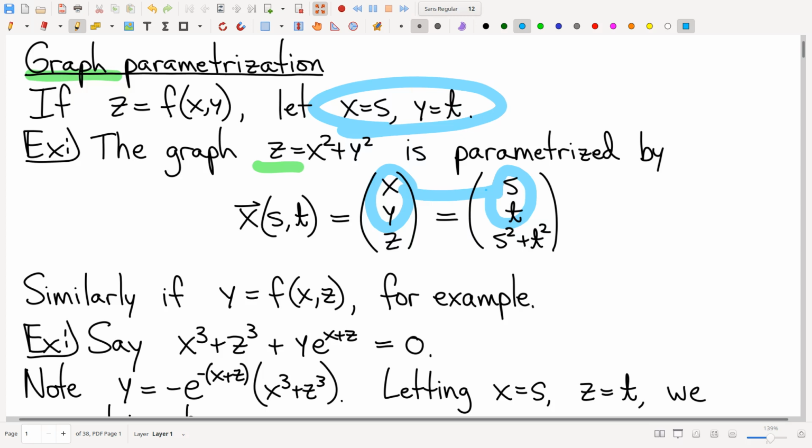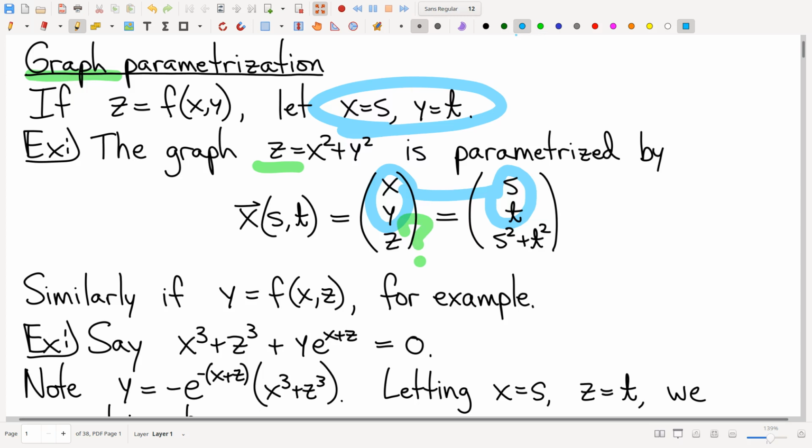Keep in mind, don't forget, that parameterization gives position as a function of your parameters. I have 2 of my 3 coordinates already. The missing thing is I need a formula for z. What am I going to do with z? What is z? Well, it's already determined.